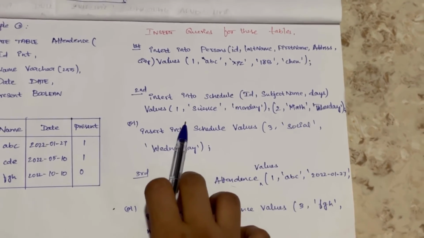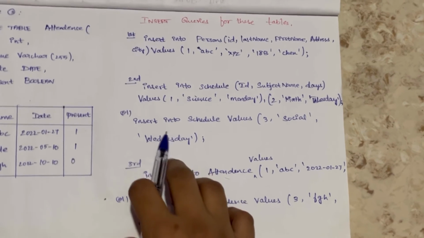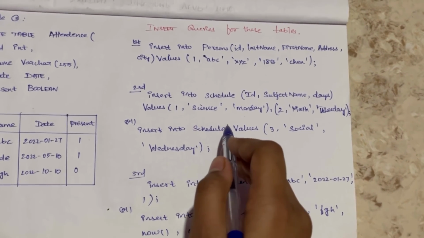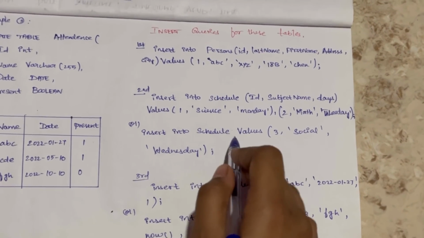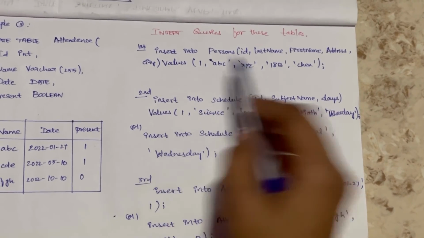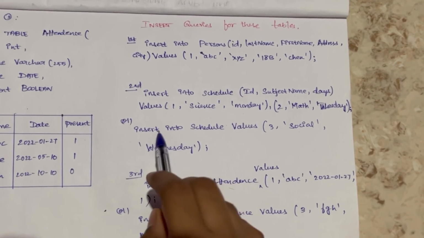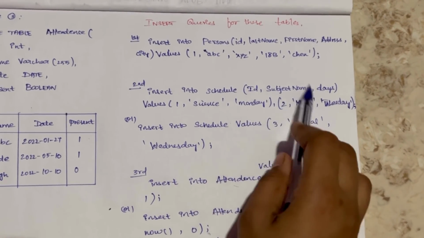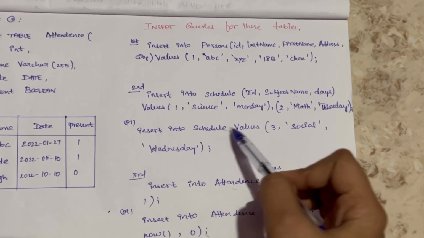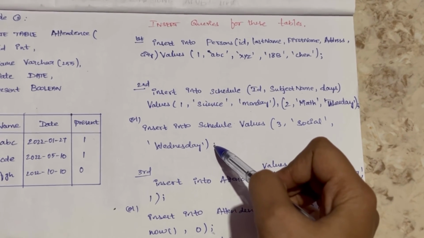Okay, and that is using this way. And if you are going to insert values for all the columns in the table, then you don't need to specifically mention all the column names, like here you don't need to mention all the columns. So instead of mentioning these column names, here we are simply saying insert into table name values, and we are giving the values. Okay, so this is another way of inserting.